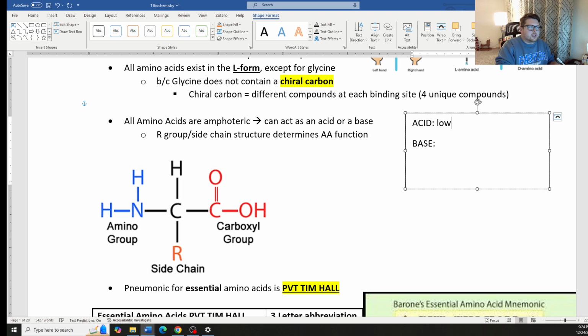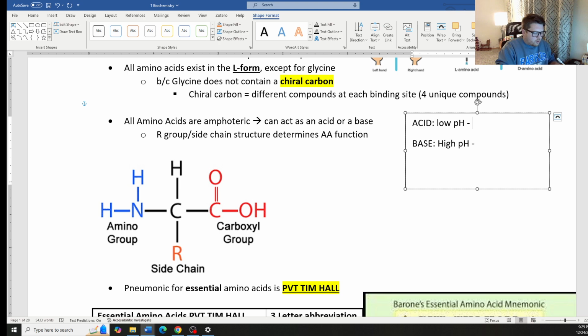If we create a low pH, we are an acid. If we create a high pH, we are a base. Recall that pH is the concentration of hydrogens within a solution, the number of hydrogens mixed into a liquid.